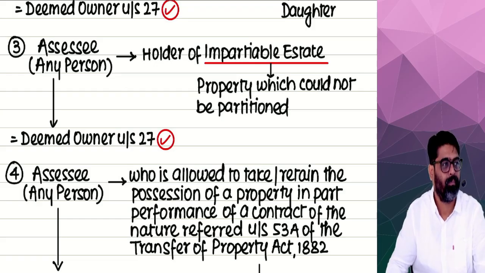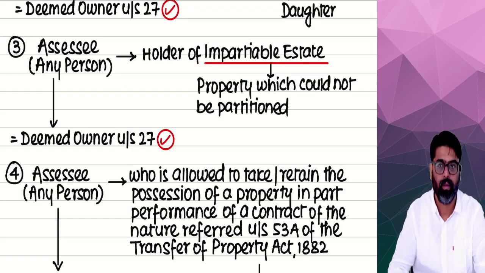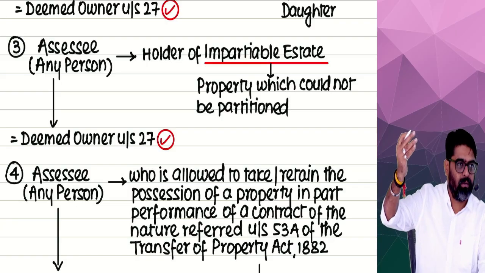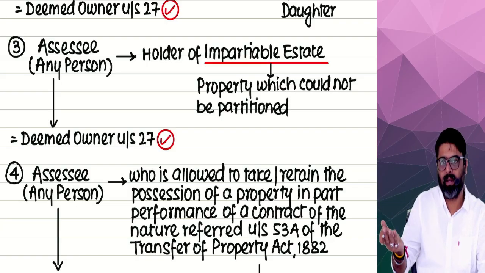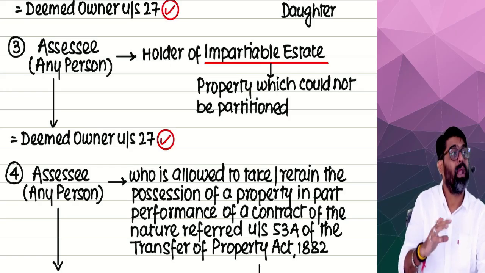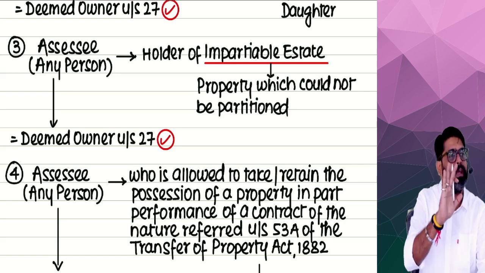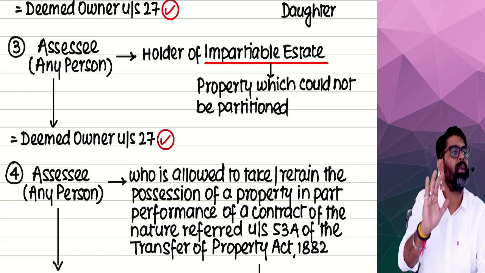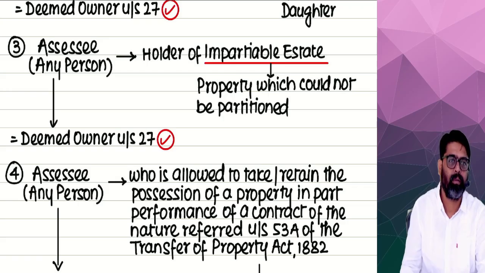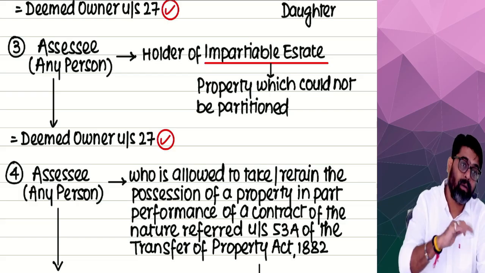Now what happened? In that impartable estate, after the death of the father, the eldest son in the family becomes the head of the family. Yes or no? So that eldest son took that property in his control and was taking the decisions of that property. Getting my point? So will that ancestral property become the property of that eldest son?